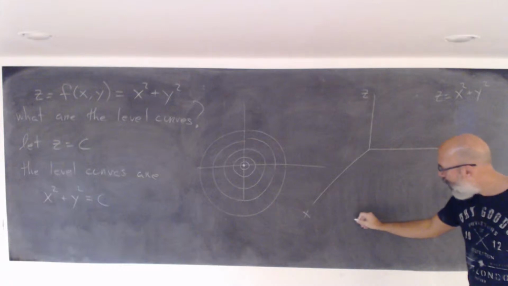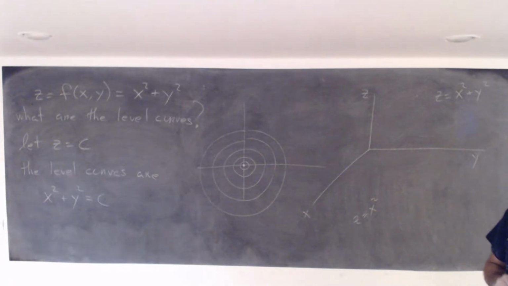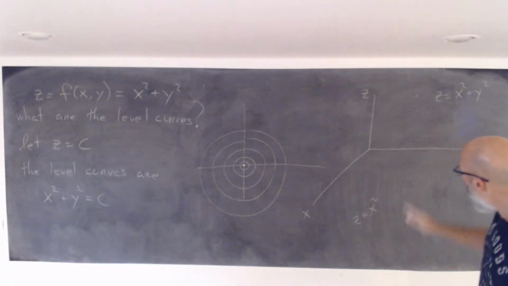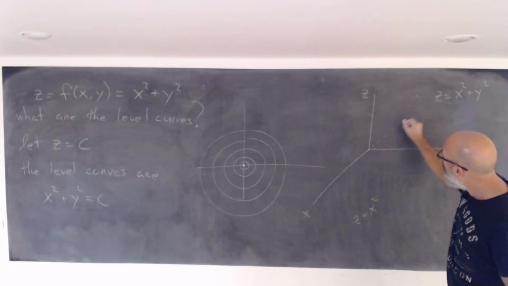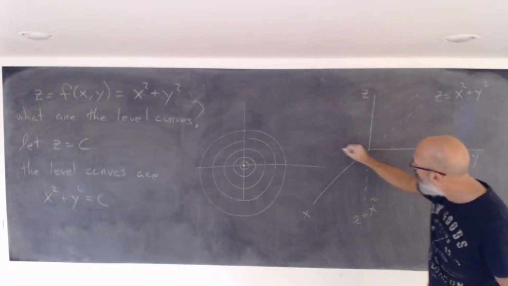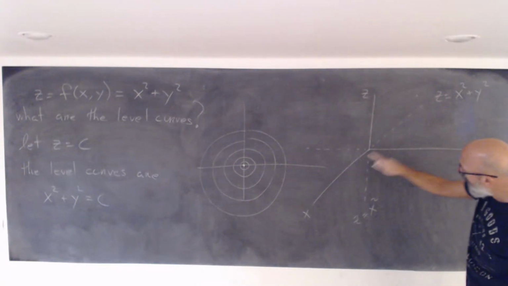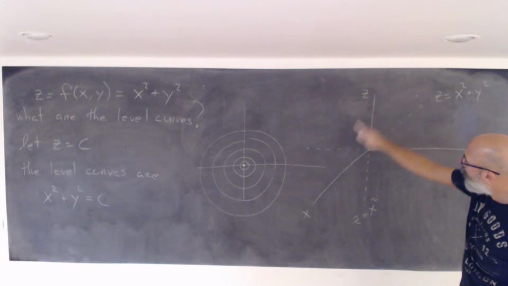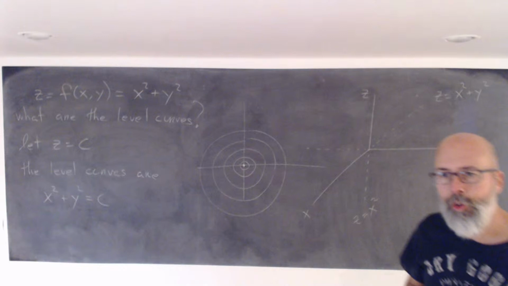If y is 0, z is x squared. If y is 0, you are in the xz plane. So in the xz plane here, you have the graph z equals x squared.